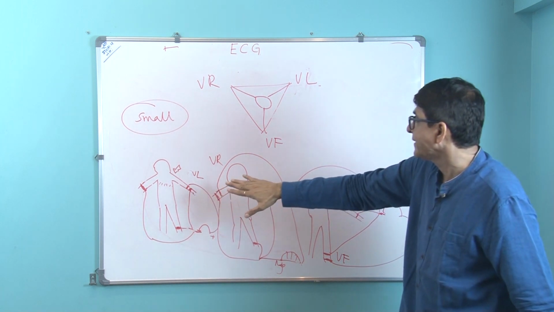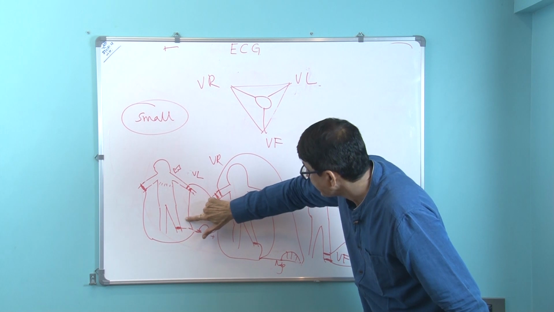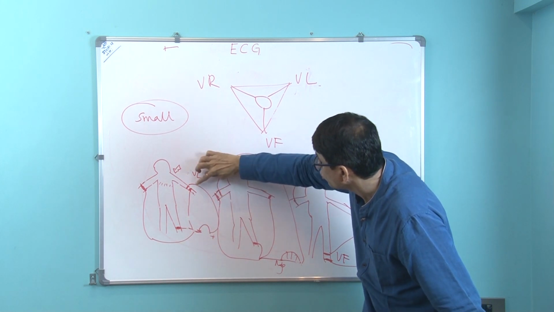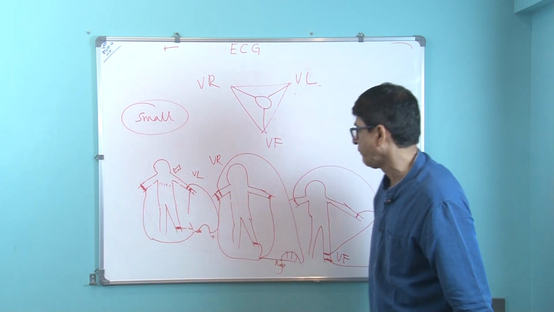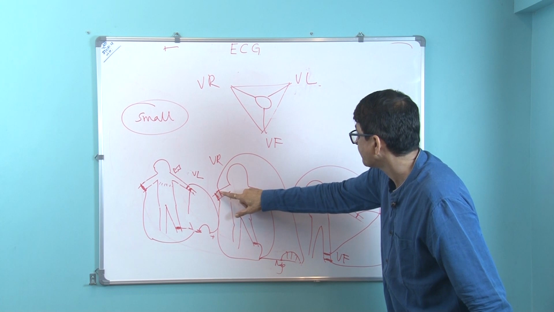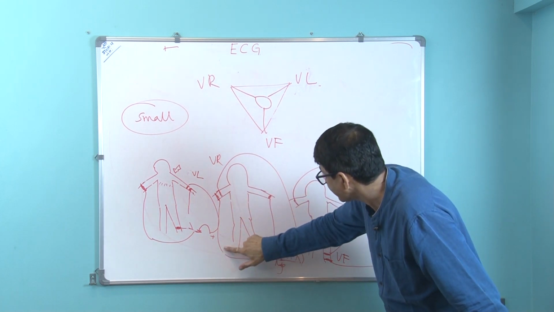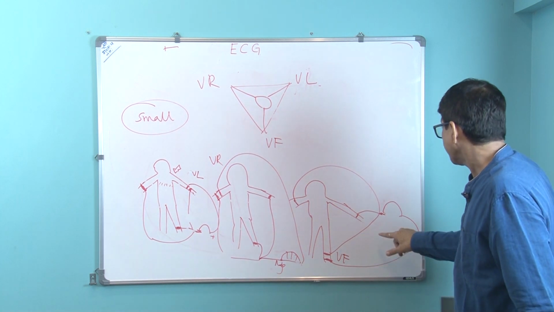So what did Goldberger do? Out of these 3, he disconnected the lead which you want to explore. This is disconnected from the central pole. Here I want to explore this, so this is disconnected from the central pole.